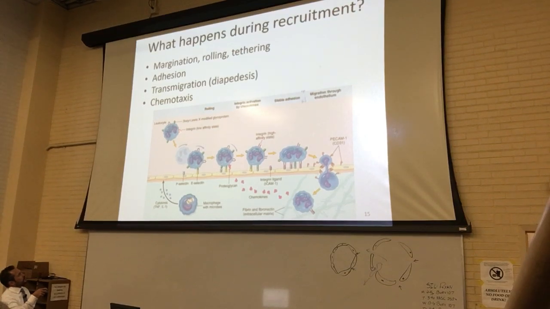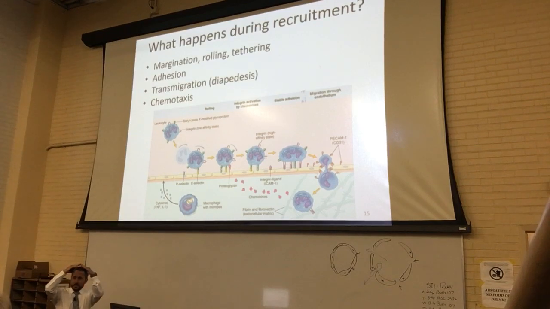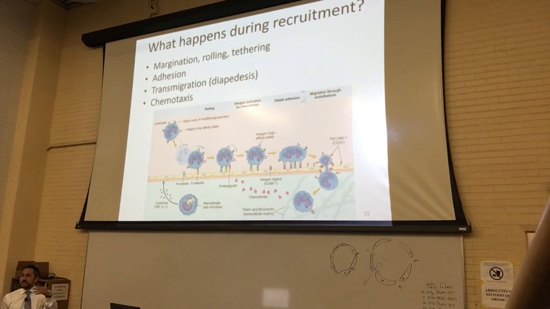So this integrin molecule, you see this is low affinity state, and this is high affinity state. And so this rolling process activates the white blood cell, and there's a conformational change at the surface of the white blood cell where it goes from a low affinity state to a high affinity state, and now this integrin molecule sees its ligand, which is called ICAM1, and that's on the endothelial cell.